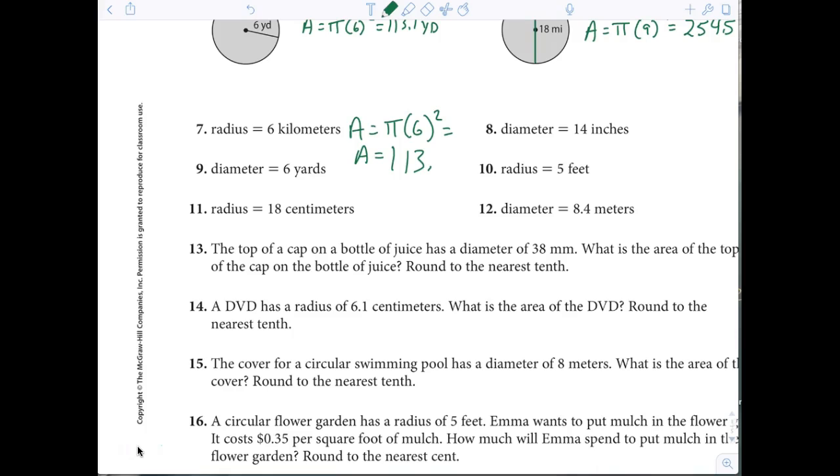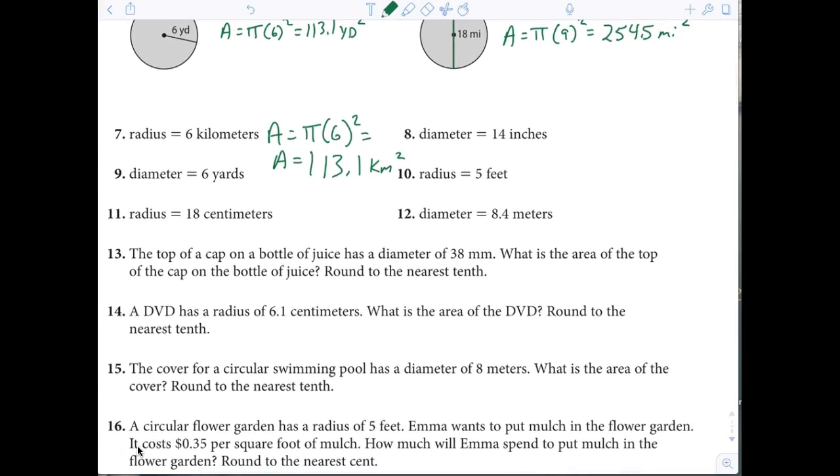Point 1. There we go. I'm happy with that. Chloe, for number 8, what do I need to do? Beautiful. Be ready, Mia. You're up next.